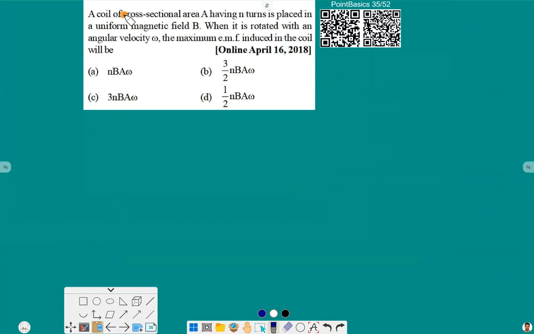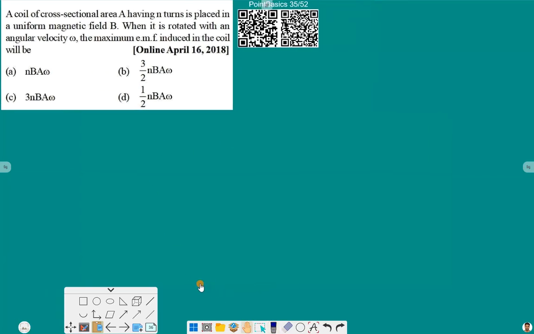A coil of cross-section area A having n turns is placed in uniform magnetic field B. When it is rotated with angular velocity omega, we have to find out the maximum EMF of the coil. Again, as this coil is rotated with angular velocity omega, its area with respect to the magnetic field will be changing, or we can say the flux.